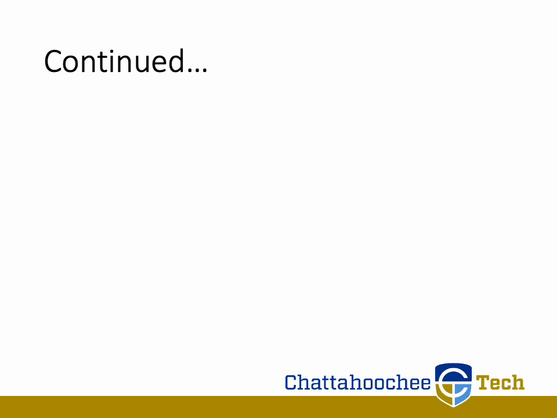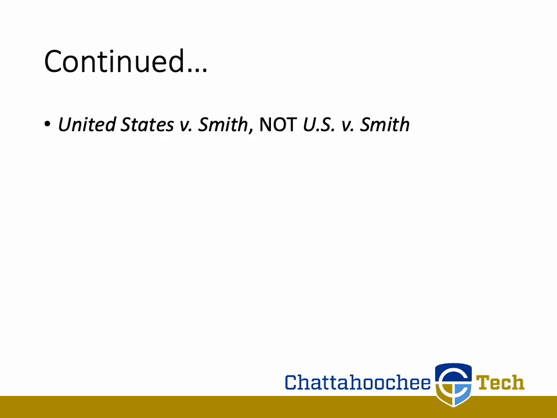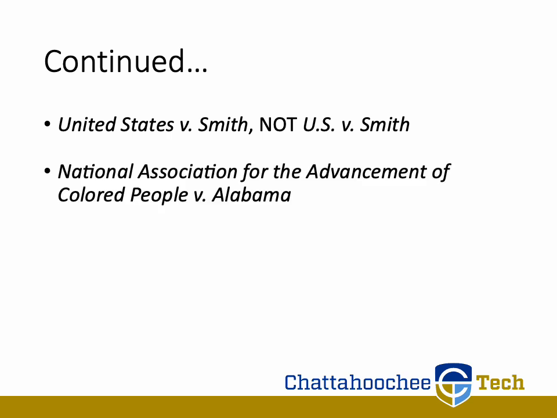Now, I need to let you know that you absolutely do not abbreviate the first word in a party name unless it is something that has been widely recognized. For example, United States versus Smith would not be U.S. versus Smith in a full citation, but the National Association for the Advancement of Colored People versus Alabama would absolutely be NAACP versus Alabama.